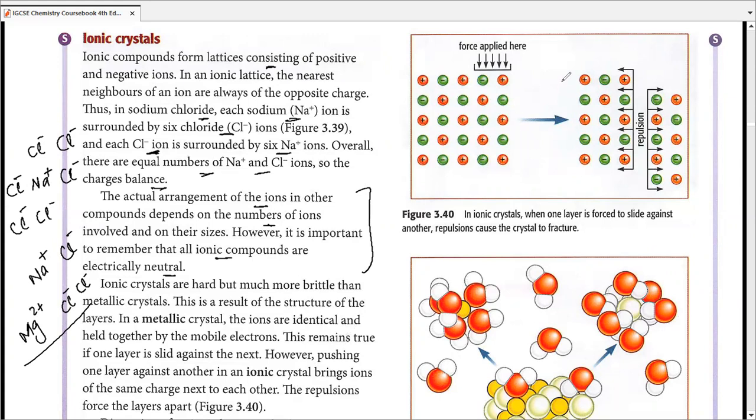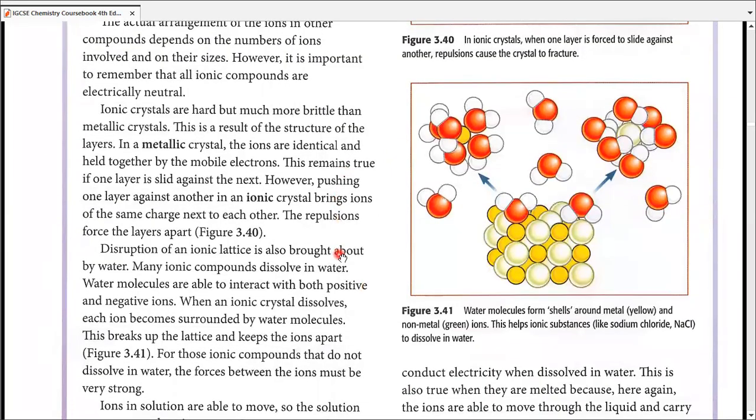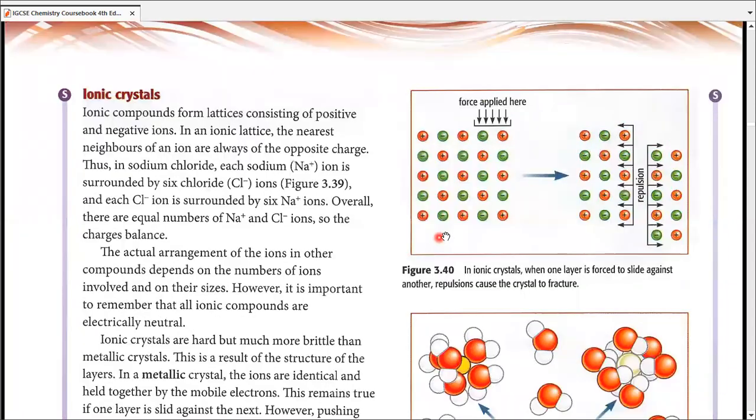Good. So moving on, ionic crystals are hard, but they are much more brittle than metallic crystals. So what happens if we apply a force on the layers? In metallic crystals, all ions are identical and they are held together by the mobile electrons, so their layers slide over one another. But in ionic crystals, the ions are of different charges. When we push them with force, the same charges come in front of one another and then they start repelling.